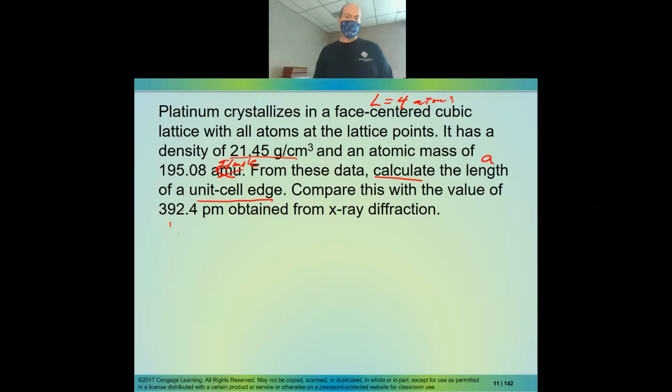All right, and so we have the volume of the cube. That's equal to A cubed, and that is molar mass times L over density times Avogadro's number. And then we just plug in our numbers. Molar mass, 195.08 grams per mole. L, 4 atoms.